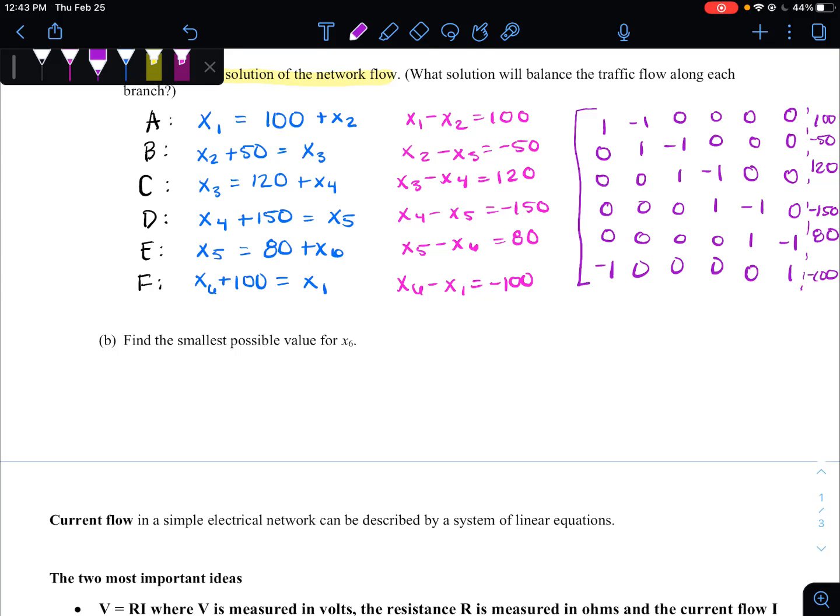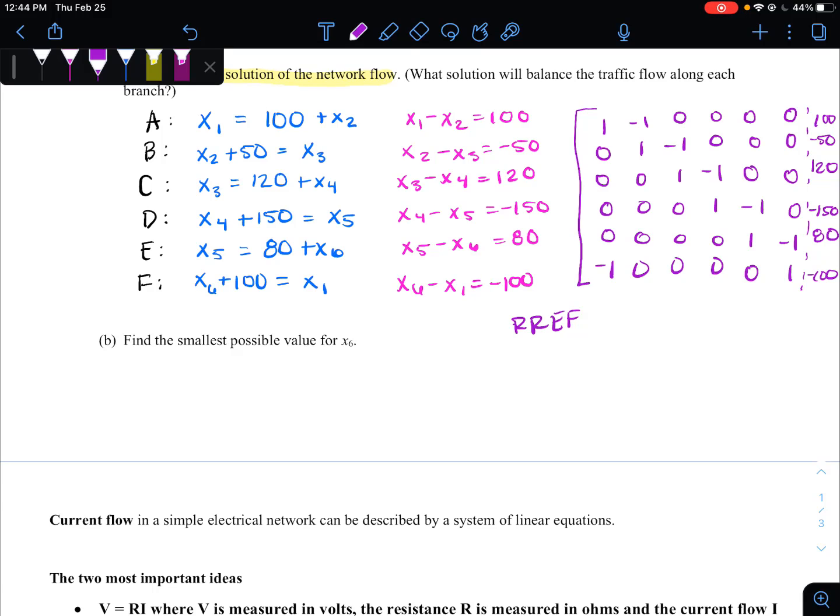And then to balance this, you would row reduce to reduced row echelon form, and for the sake of time, let me just tell you what we end up getting. We do get some free variables. Notice that there are more columns than there are rows, so we will have free variables. And that free variable ends up being x6 in this case.